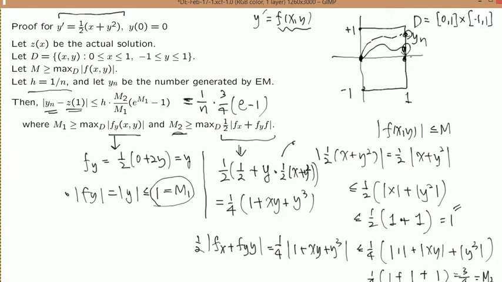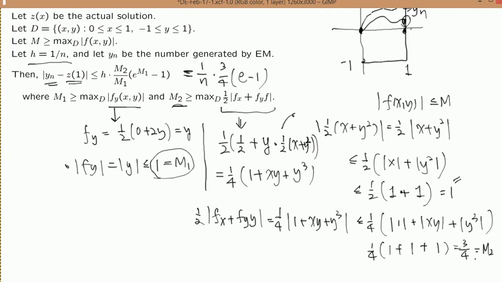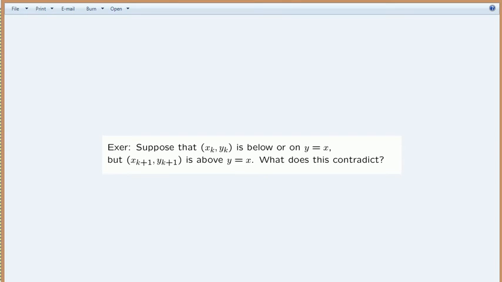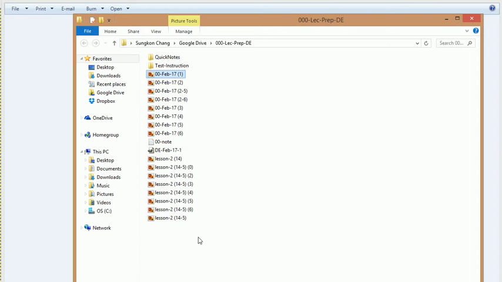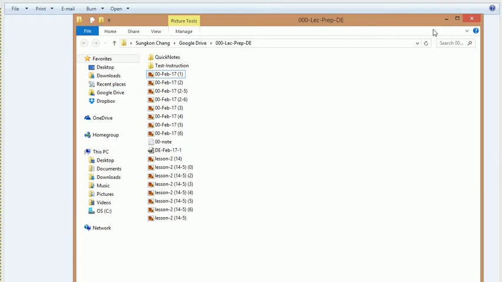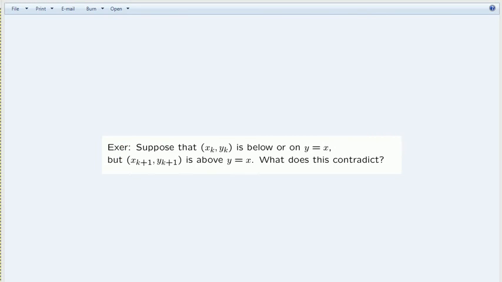So I tried n equals 10, dividing this into 10 pieces. I don't have the number, but I kind of remember that it was 0.17.